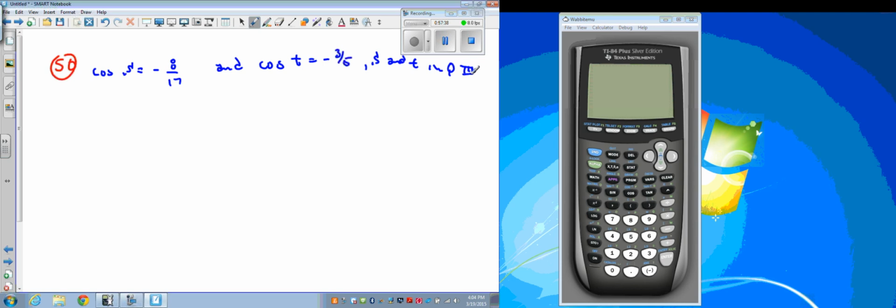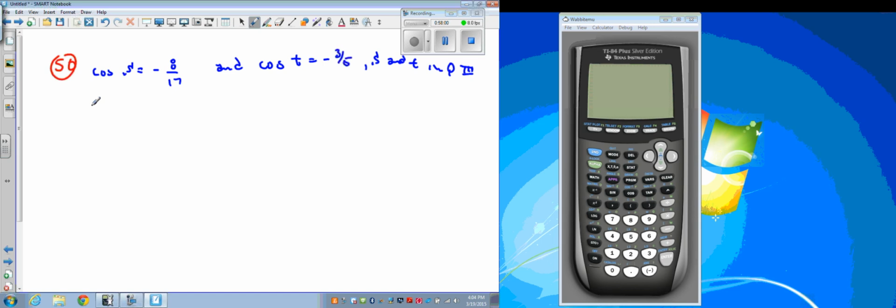So that means both the sine and the cosine are negative. If we do cosine of s plus t, we're going to have to know what sine of s and sine of t are, right?